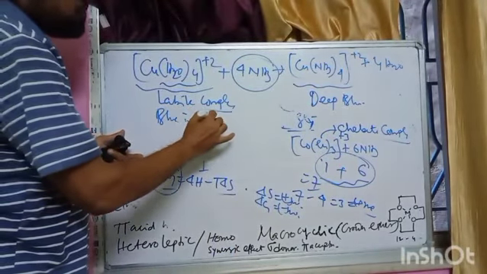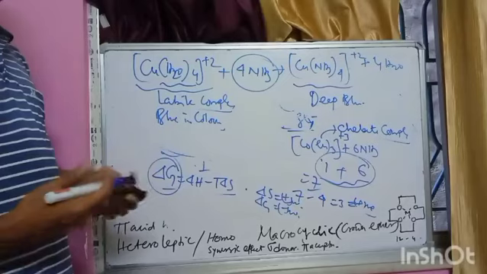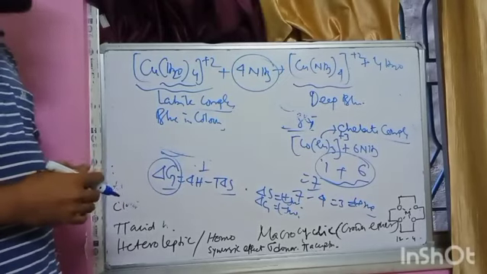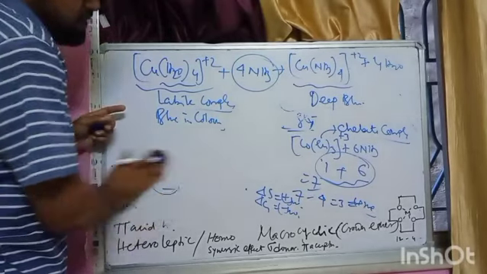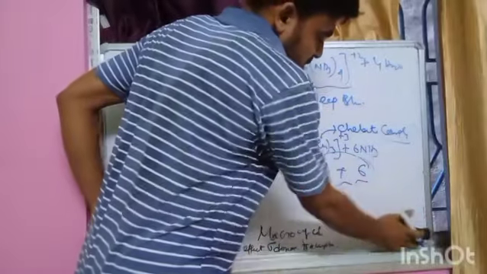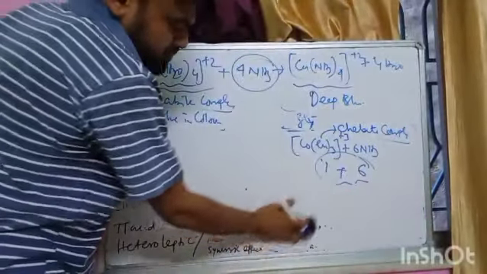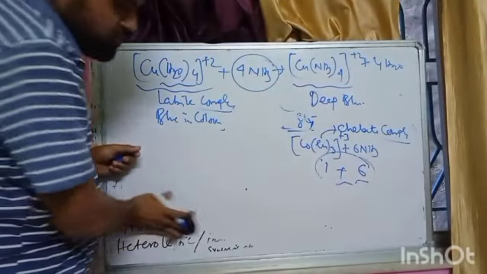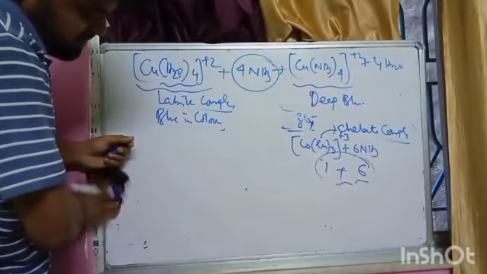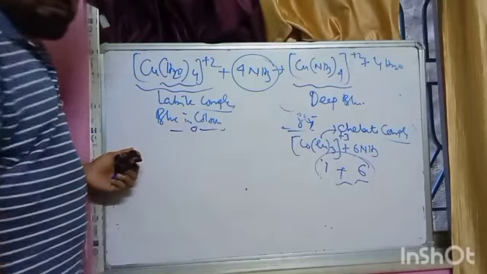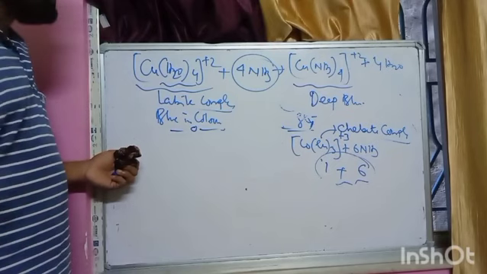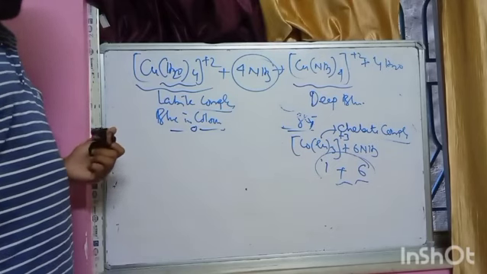In today's class we discussed the types of ligands. Here we also discussed the effective atomic number. Scientist Sidgwick first showed that complexes with coordination number 4 or coordination number 6 are highly stable, and this type of stability can be explained by Sidgwick's effective atomic number.